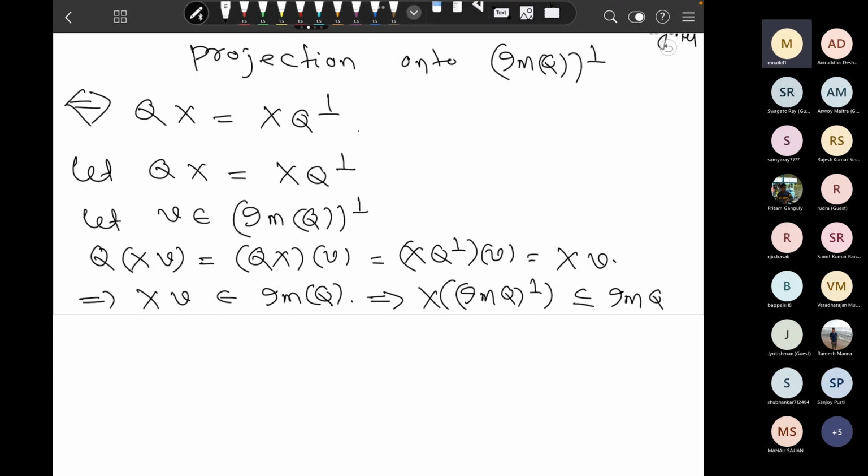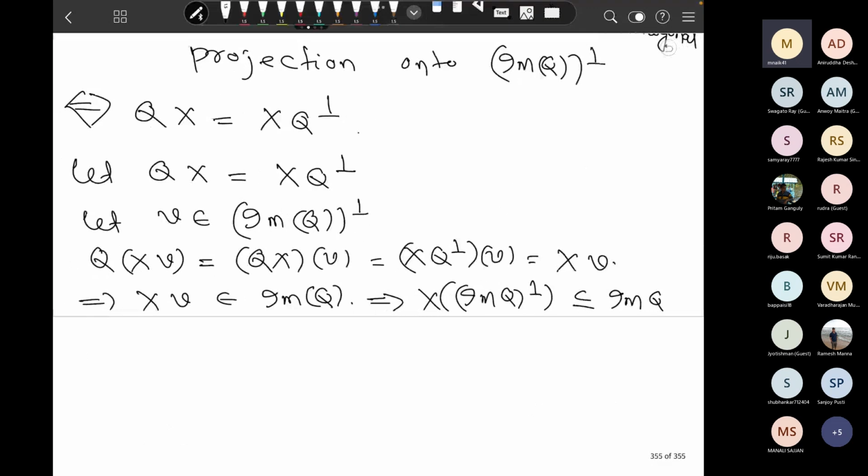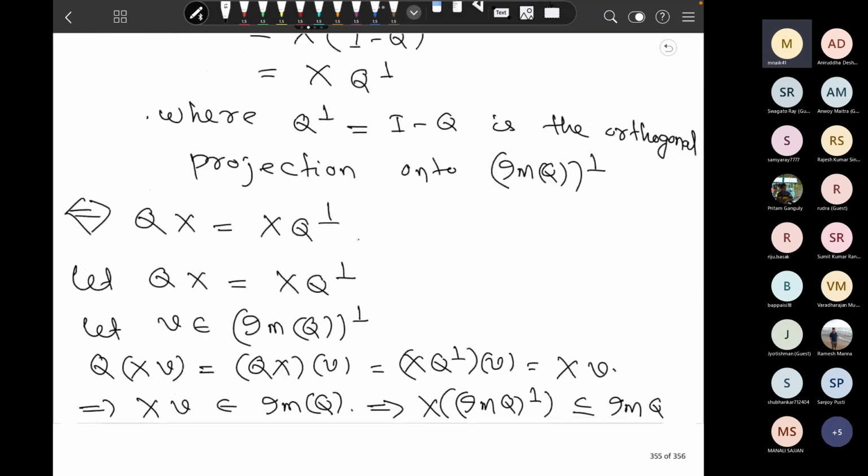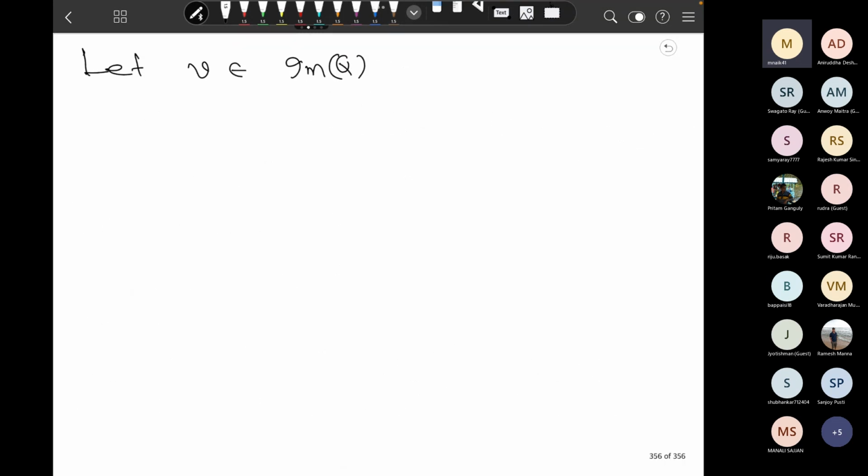Now let v belong to image of Q. That means I use this relation QX is equal to X Q perp. So Q of Xv is really X Q perp of v, and since v belongs to image of Q, Q perp v is 0, so this is 0.